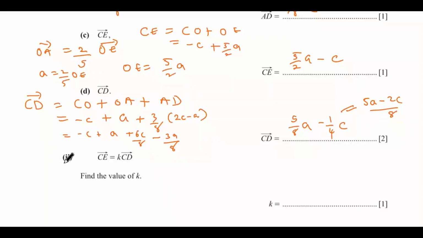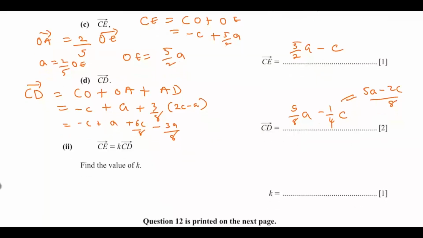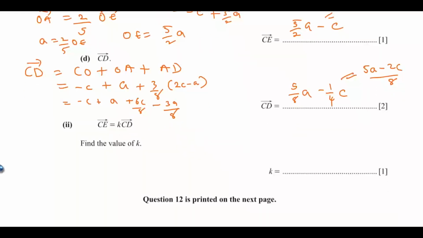Okay, so Roman figure 2, CE is equal to kCD. Find the value of k. So CE, where is CE? This is CE here. I think I can show you the working here. So CE is 5 over 2 a minus c over 1.